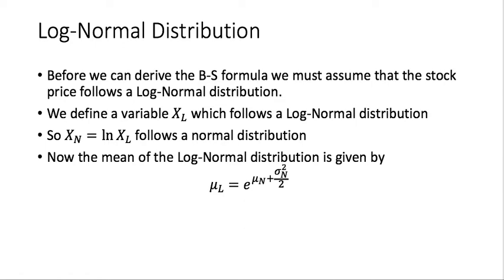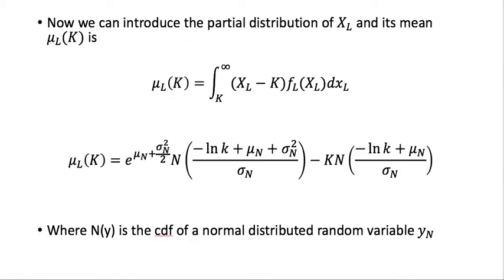Using these key things and the fact that the mean of a log normal distribution is given by that function, we can proceed. Now we are going to find the partial expectation of XL, which was log normally distributed, and its mean mu LK.